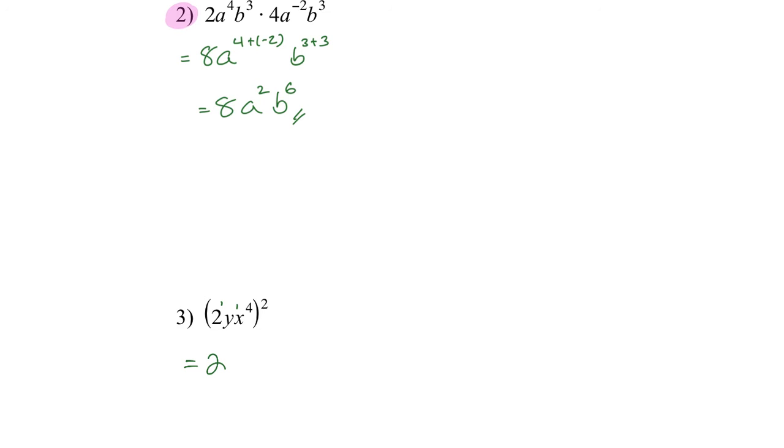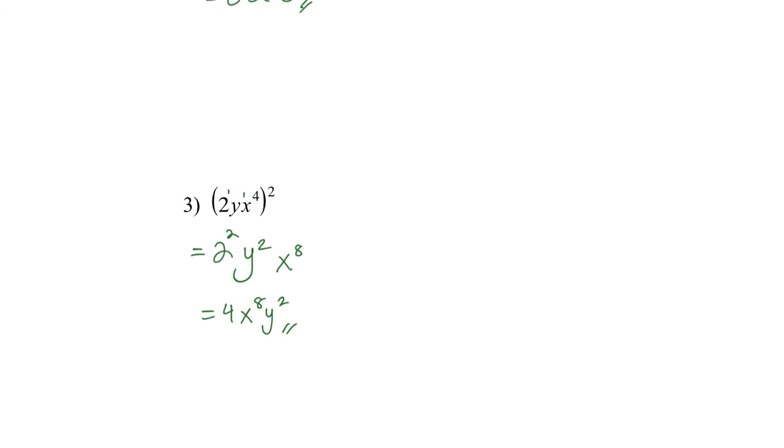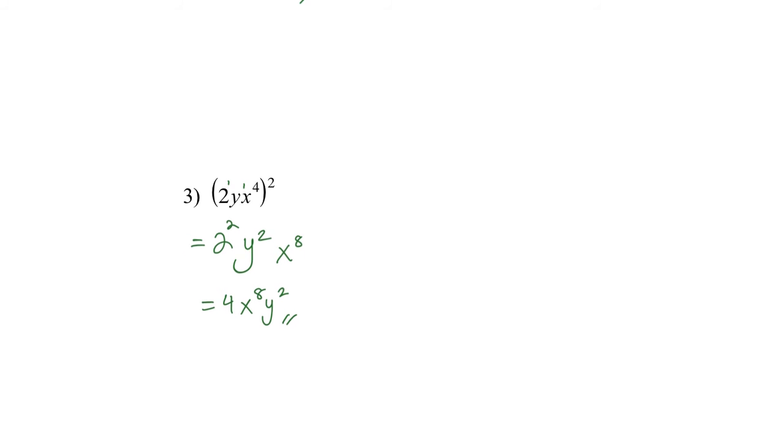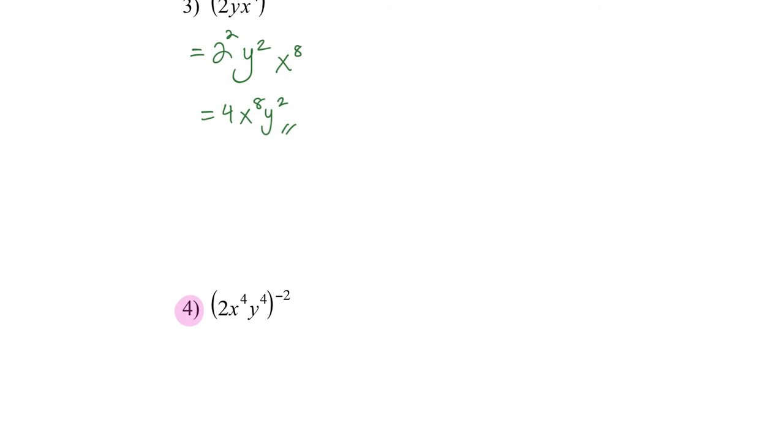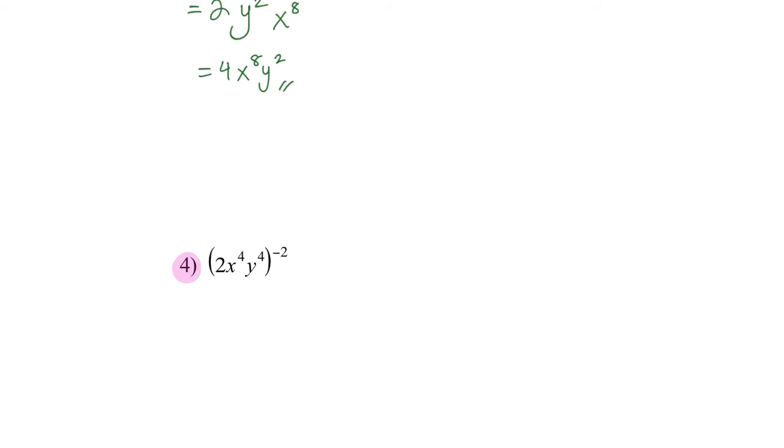So 1 times 2 is 2, then y squared, and then I got x to the 8 because it's 2 times 4. So I got 4x to the 8 y squared. And as you can see, I did rearrange the variables because I want to have the variables always in alphabetical order.